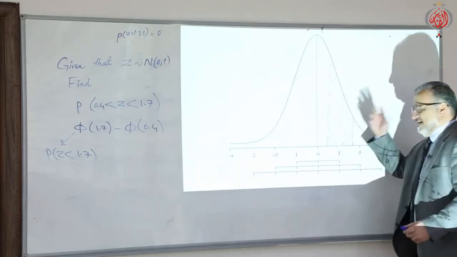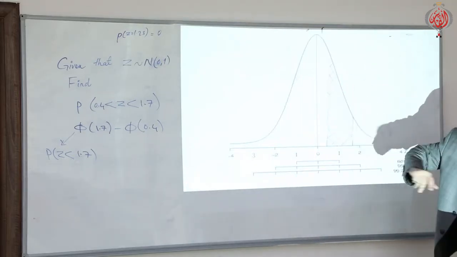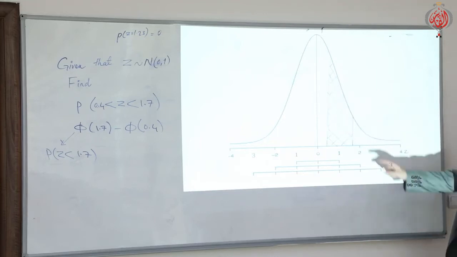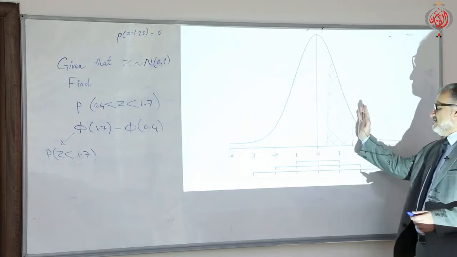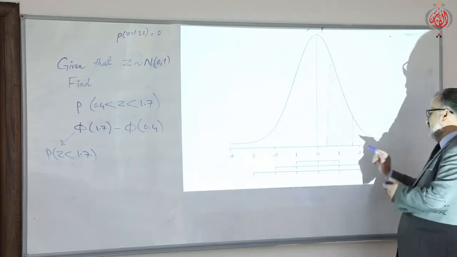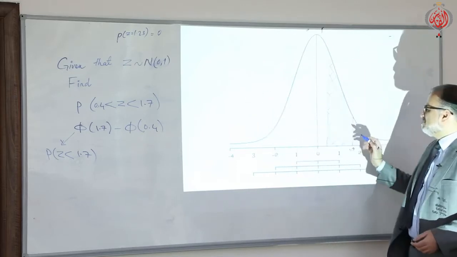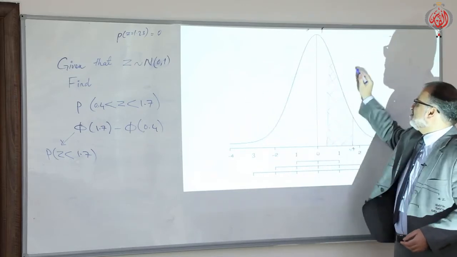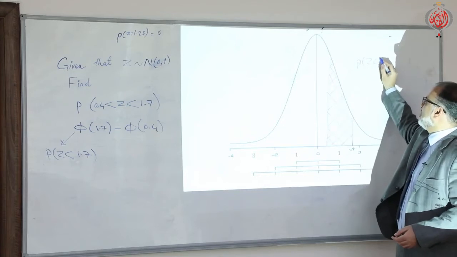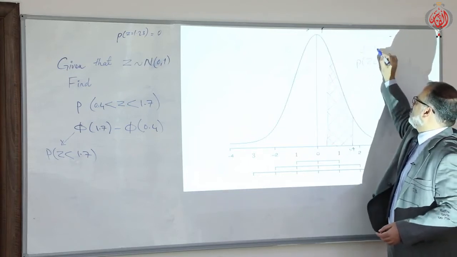How to find that area? Just on the normal curve, I will explain it for you, then we will go to the calculations directly. You will say it is all of that. What is all of that? It means the probability of z less than 1.7, in other words, phi 1.7.